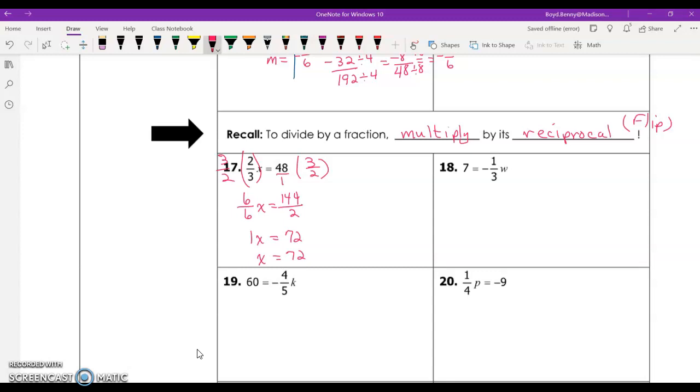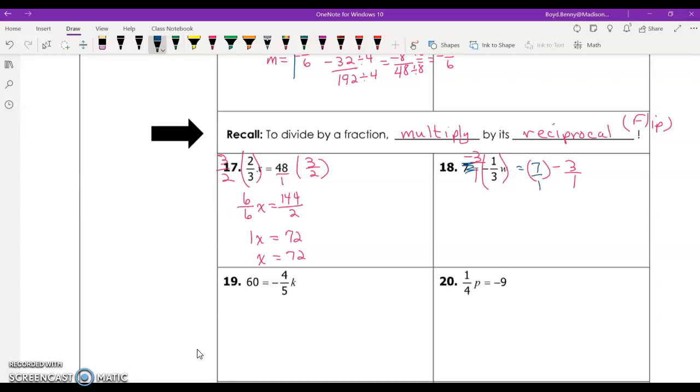For number 18, again, I don't like the answer on the left-hand side, so I'm going to go ahead and move that over to the right side and cross it out so I don't get confused. Here I'm going to multiply by the reciprocal of negative 1/3. That's going to be negative 3 over 1. What I do to the left side, I have to do to the right side.